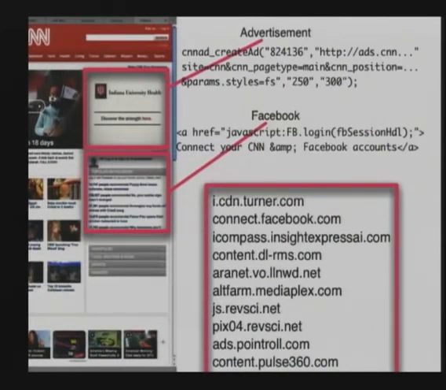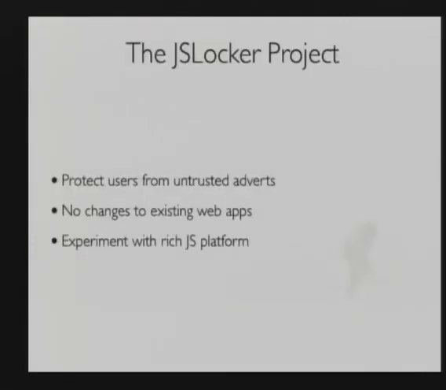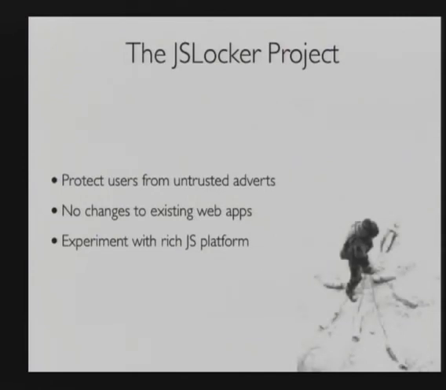That's our challenge. And for this, we started something we call the GS Locker project, because the internet is a minefield and we want to protect ourselves. So the goals of this project are protection from ads. And we place the constraint on ourselves that we don't want to change the code of the ads.